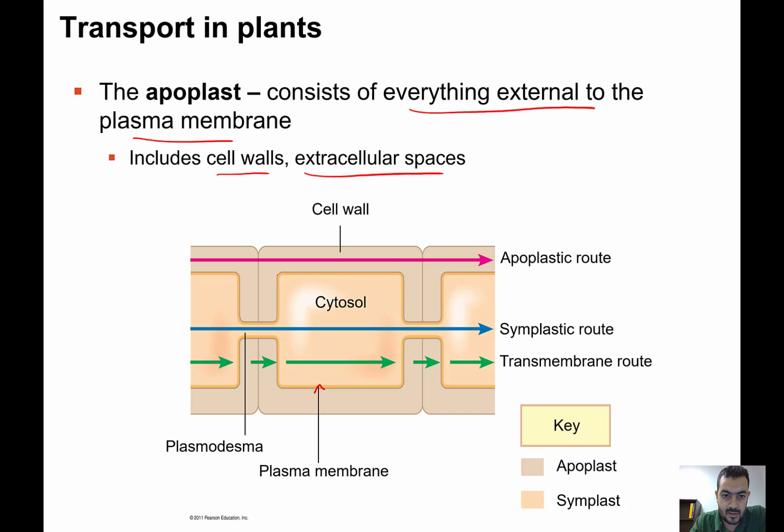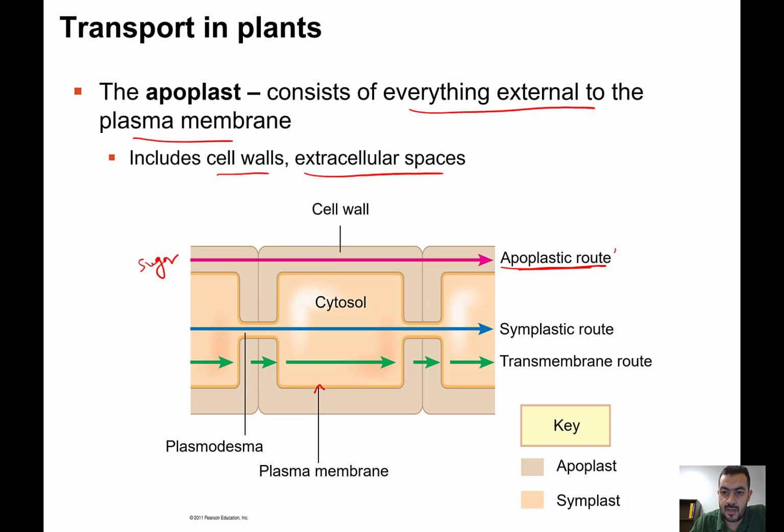Anything outside this plasma membrane, so all this area, is considered as apoplast because it is outside the plasma membrane. So if we have a sugar accumulating here, it can pass in this purple or pink color, and this pathway is considered apoplastic because it involves structures external to the plasma membrane.